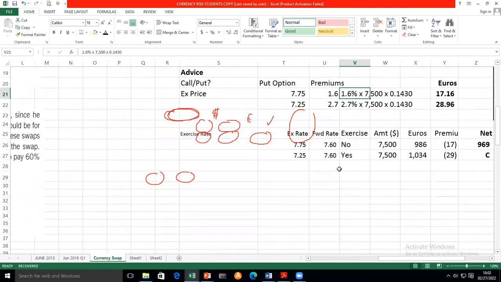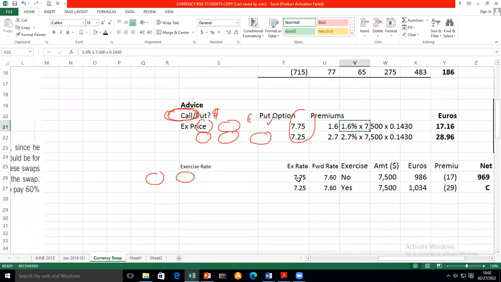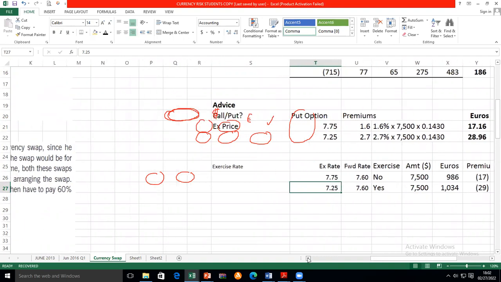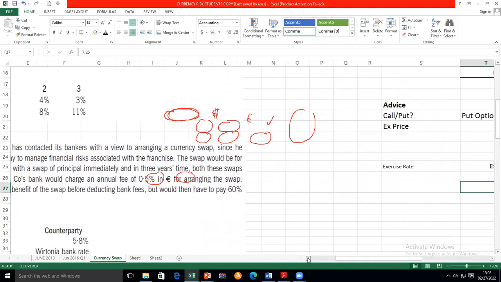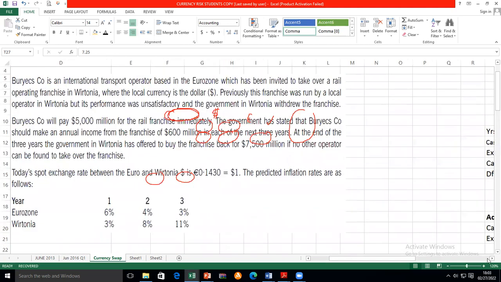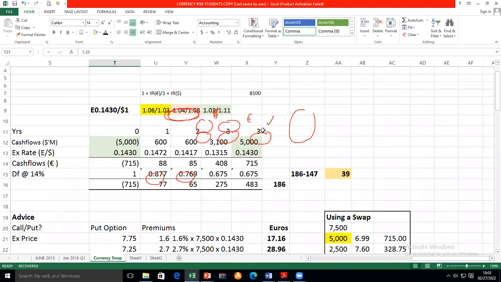Good. So now, are we going to exercise this rate or that rate? How do you make a comparison? Let's go back to our working here. The rate in 3 years' time is here.